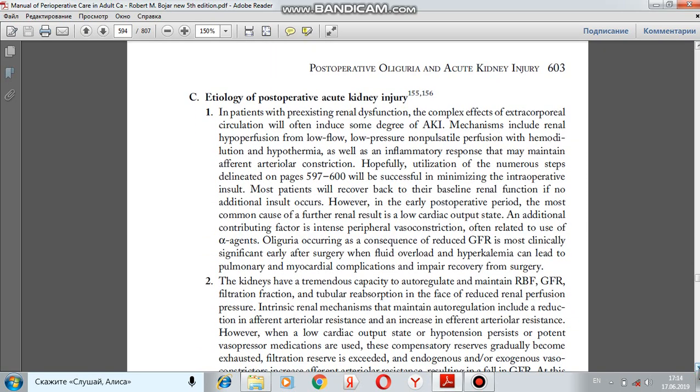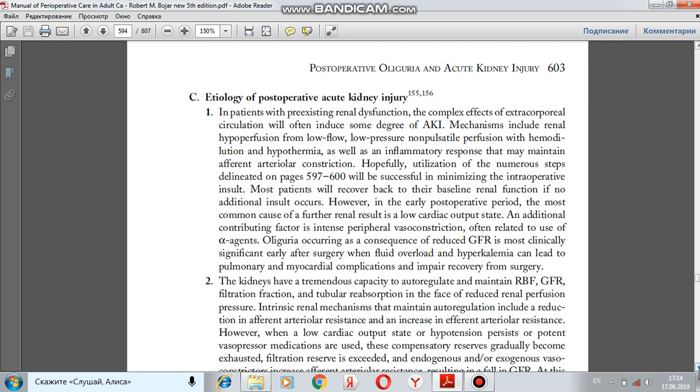C. Etiology of postoperative acute kidney injury. First, in patients with pre-existing renal dysfunction, the complex effects of extracorporeal circulation will often induce some degree of acute kidney injury.